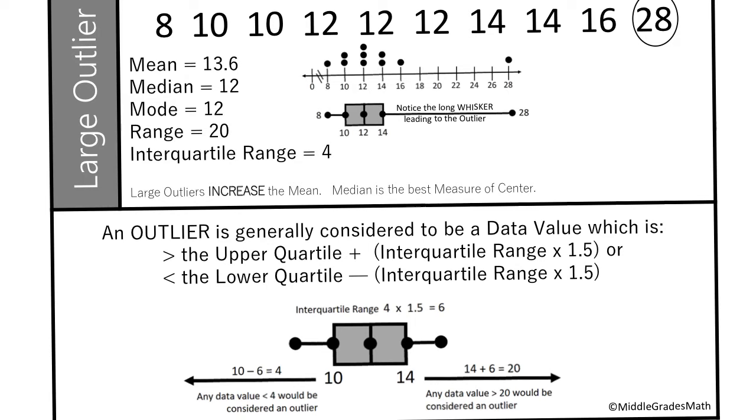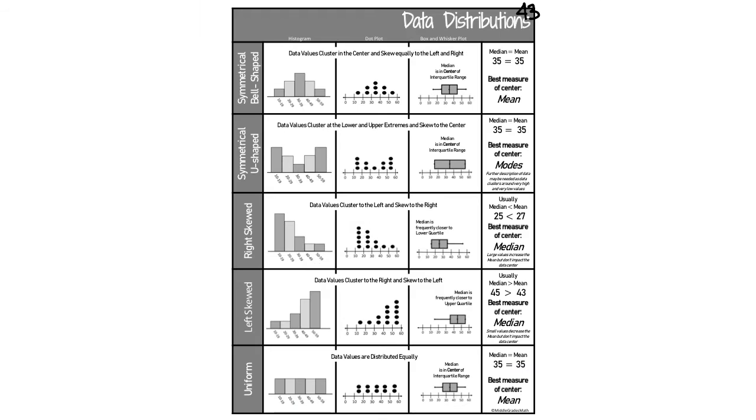So then I look on the picture and I say, well, 6 more than 14 would be 20. Is that upper point larger than 20? No. And then I would do the same thing on the bottom end. I would say 10 minus 6, that's 4. If my lowest point were smaller than 4, then yes, I would have an outlier.